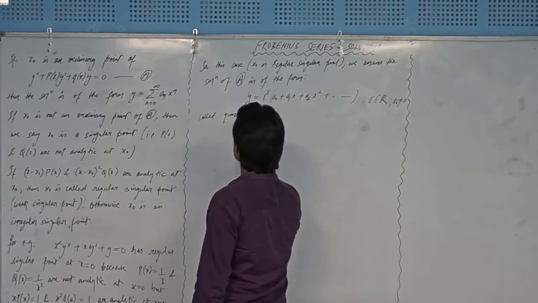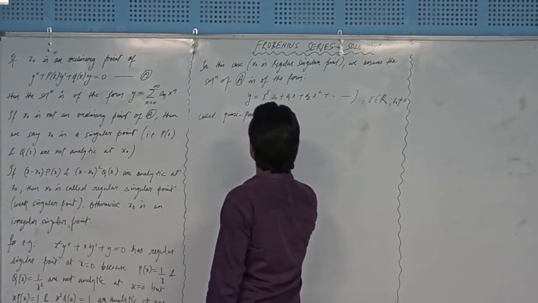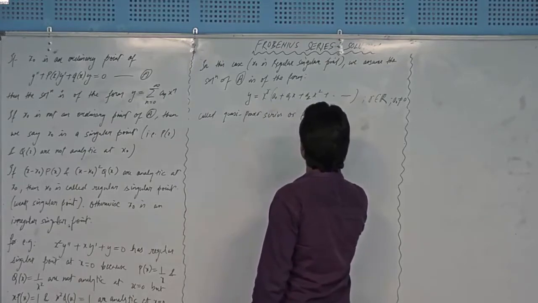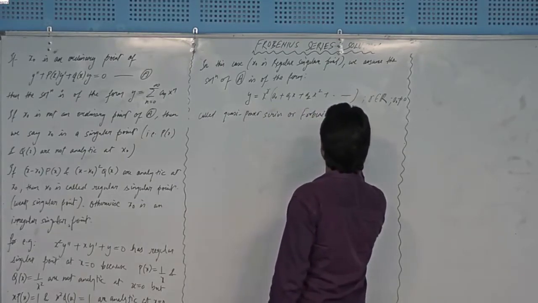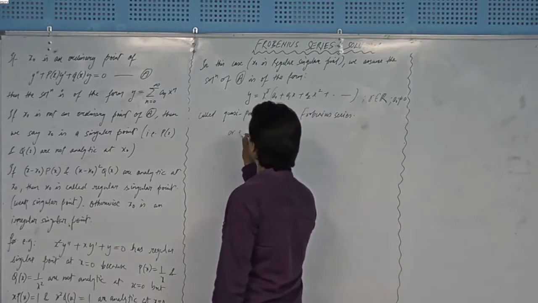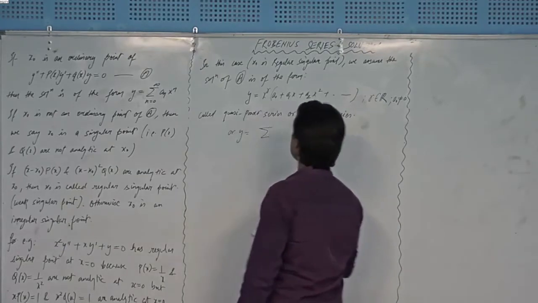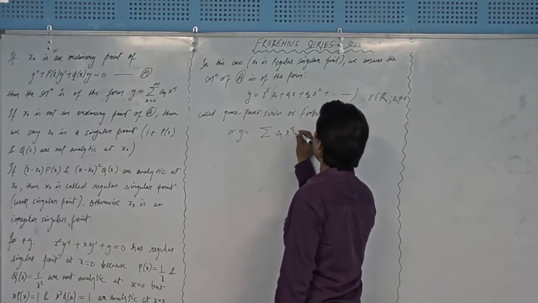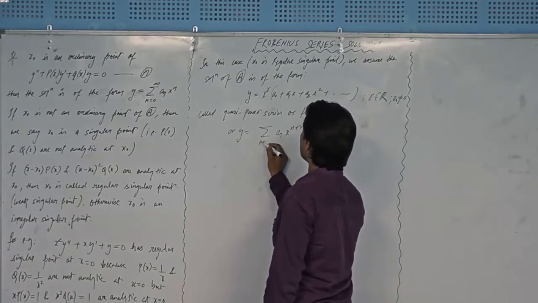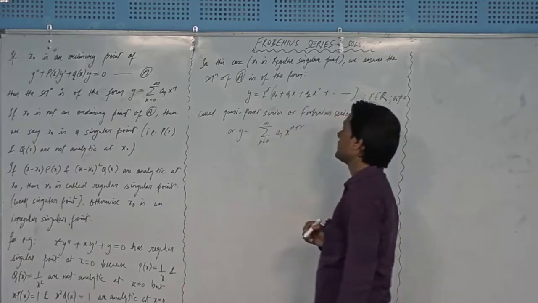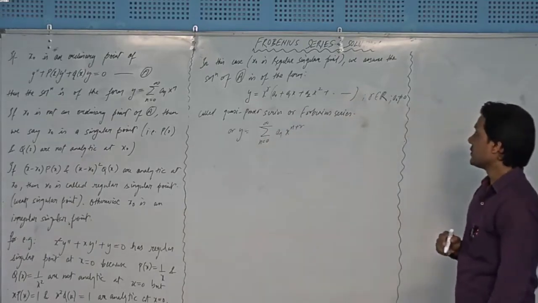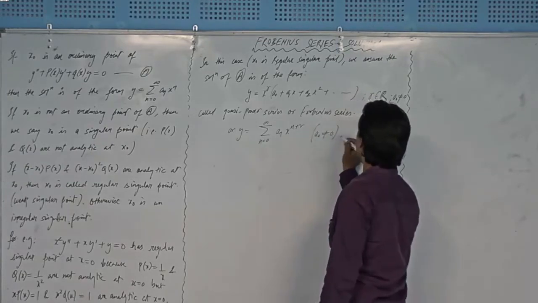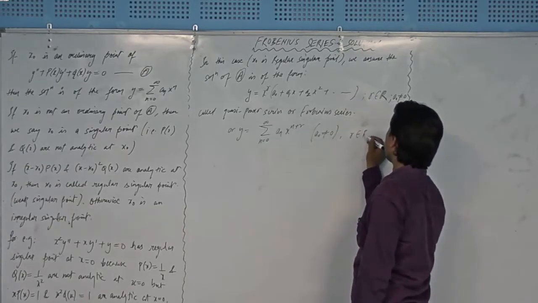We can also write it in summation form: a n multiplied with x to the power n plus r, and it starts from 0 to infinity, right? And a naught is not equal to 0 and r is any real number, right?